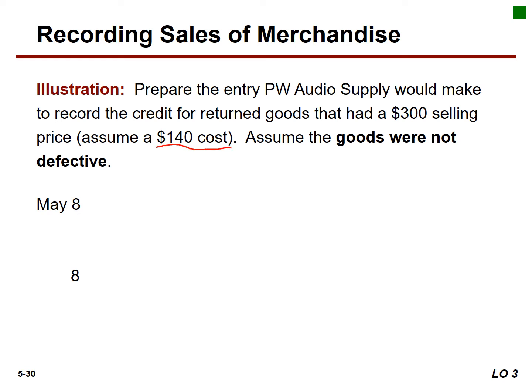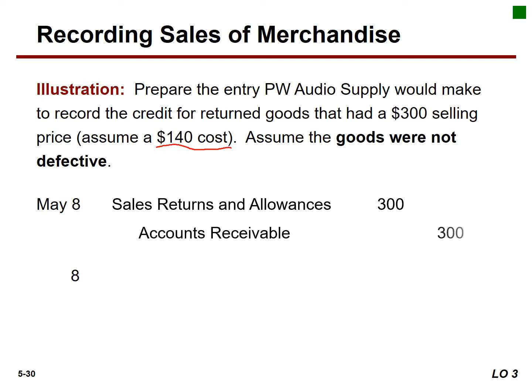So to record the sale return, we're going to debit the sales returns and allowances account and credit the accounts receivable account, because now Salk Stereo no longer owes this $300 to PW Audio Supply. Then we've got to add the cost of that inventory back into the inventory account of PW Audio Supply and reduce the cost of goods sold, because now this inventory has no longer been sold.